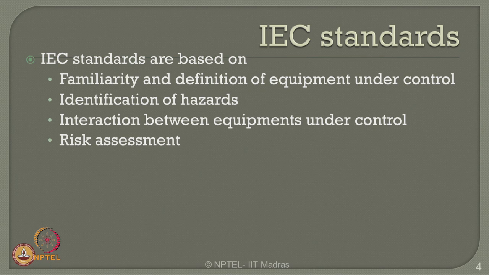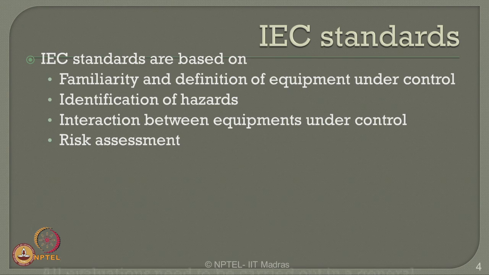You should also have a prerequisite idea about the interaction between the equipments under control. It is very important to understand the overlay of one equipment, the working of one on the other, and the safety emphasis on different equipments working in series. Ultimately, one should focus on risk assessment under process equipments, which is covered in this module.